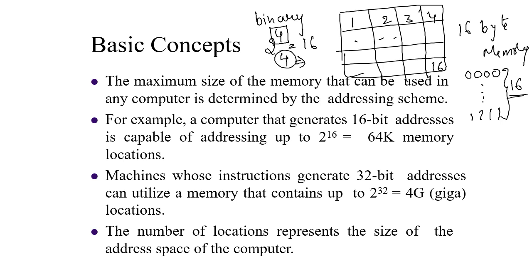The power 4 indicates that it requires 4 address lines to address a 16-byte memory. That means if you want to store or retrieve any data from a 16-byte memory, you need an address bus which is of 4-bit size.